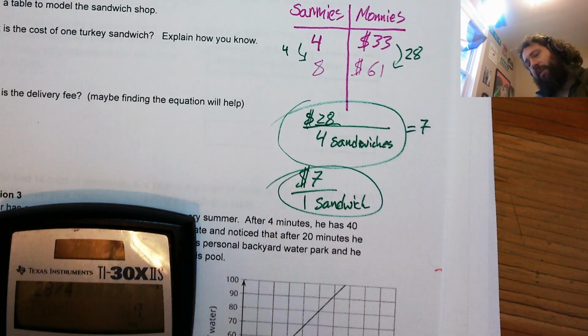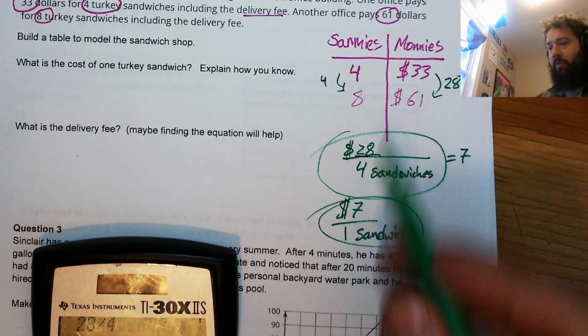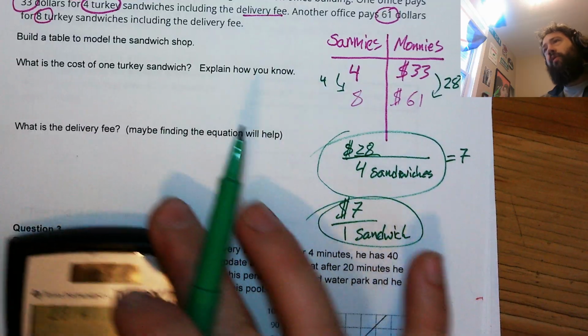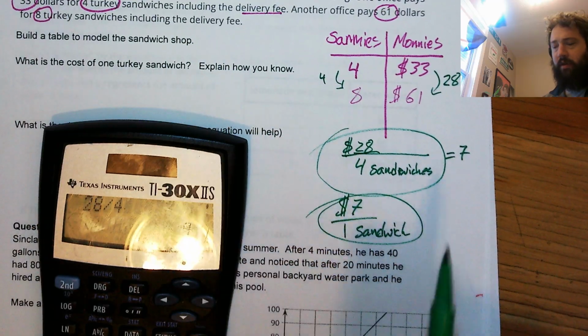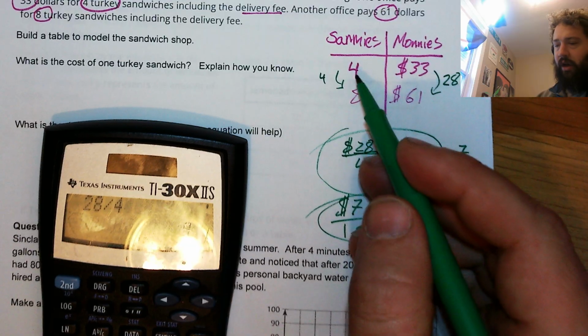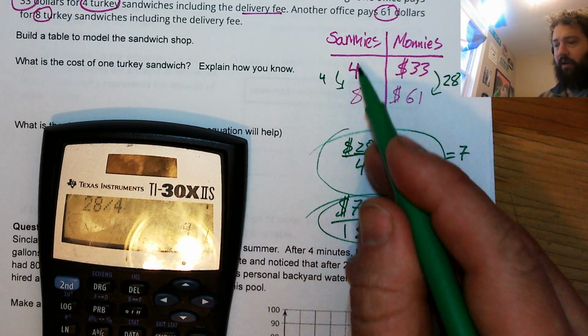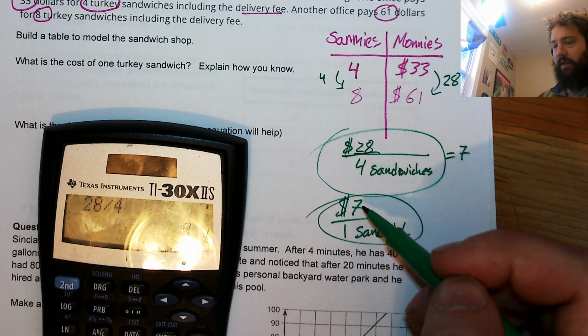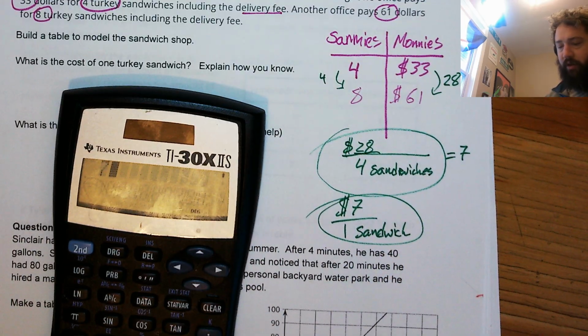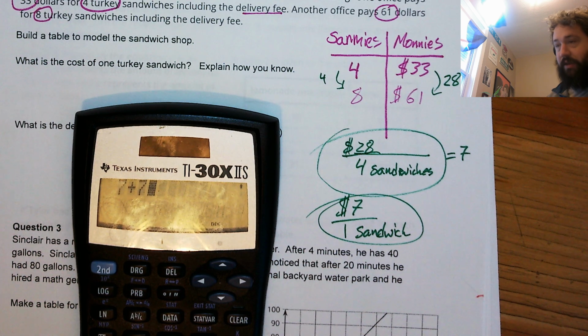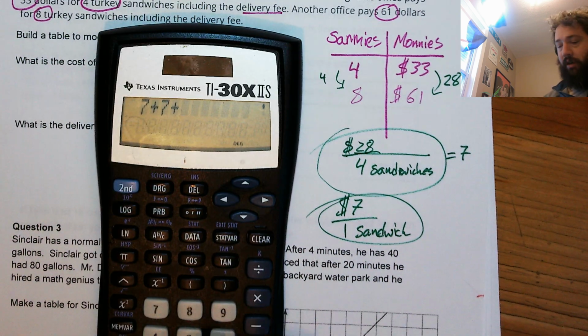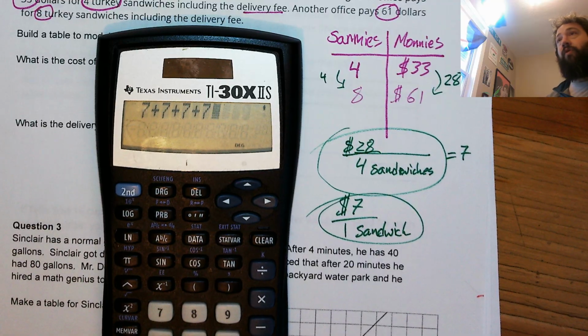Now, this is weird to me because if I think about it, why am I paying $33 for 4 of them? That doesn't seem to make sense. Because if I took 4 times 7, because each sandwich is 7 plus 7 plus 7 plus 7, those are 4 sandwiches there.